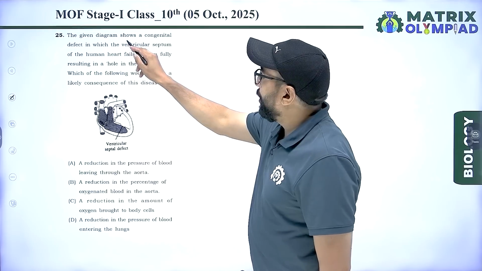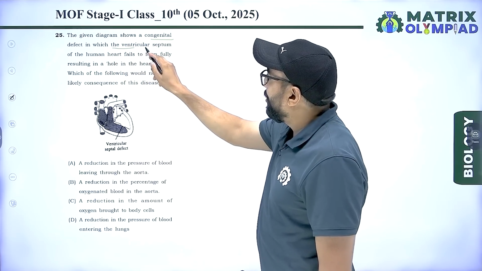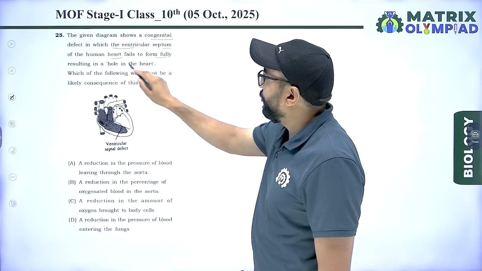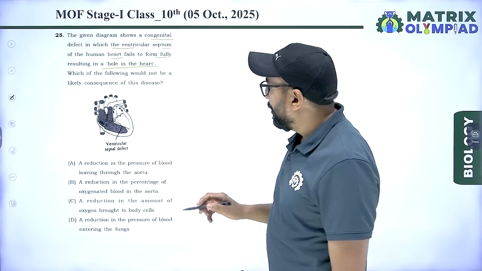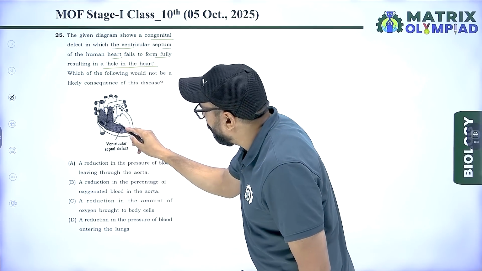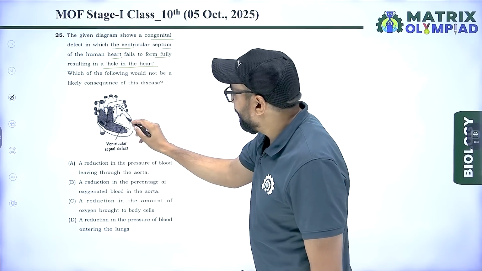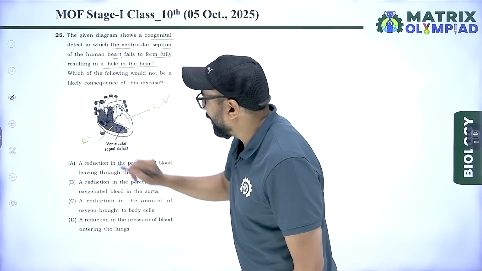Next, the given diagram shows a congenital defect in which the ventricular septum of the human heart fails to form fully, resulting in a hole in the heart. That means a hole is present between the right and left ventricles.